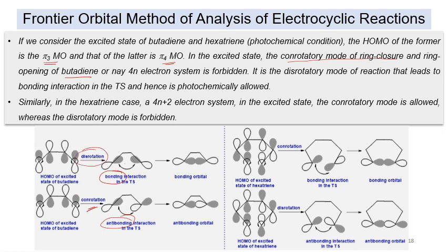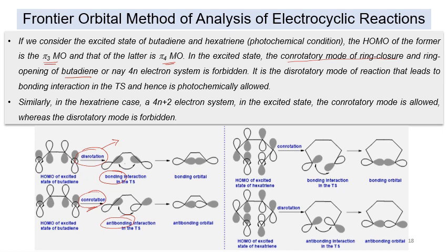So what can we conclude? In photochemical conditions, the disrotatory mode of cyclization for butadiene is permitted, whereas the conrotatory mode of cyclization in photochemical conditions is forbidden.